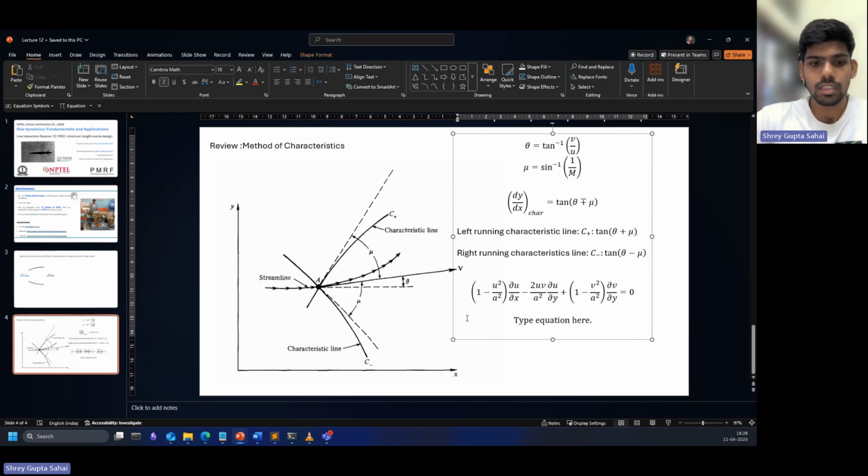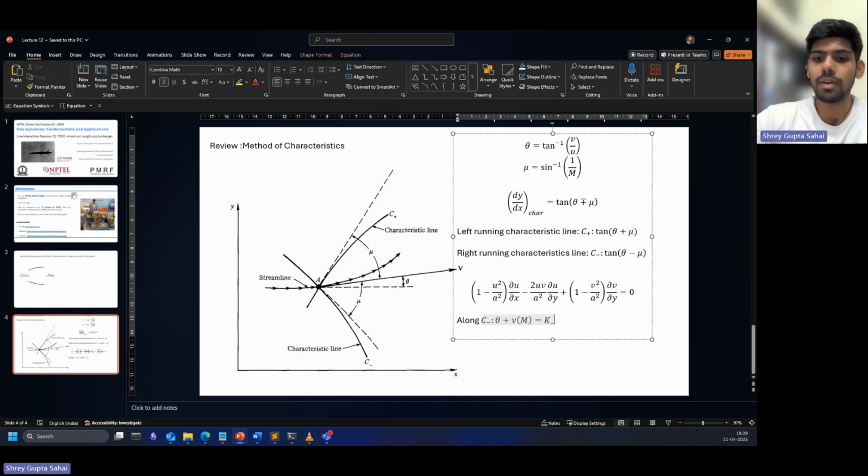So along C minus, you have theta plus, now you have a Prandtl-Meyer function coming in. Theta plus mu remains constant, and we'll signify that as K minus.